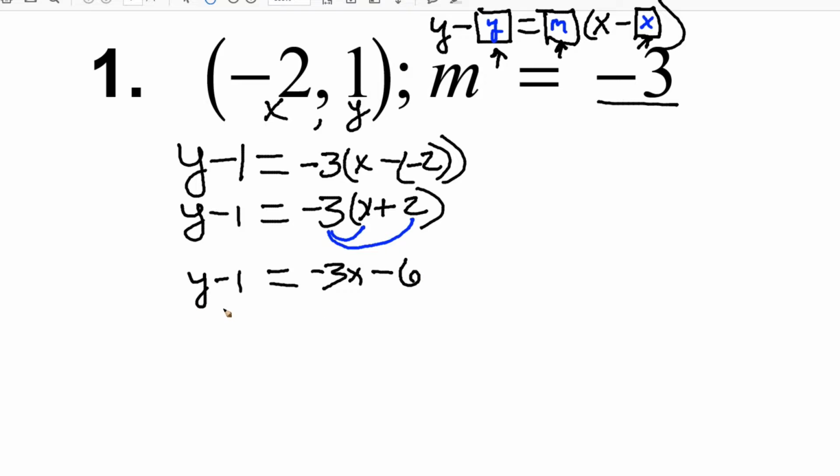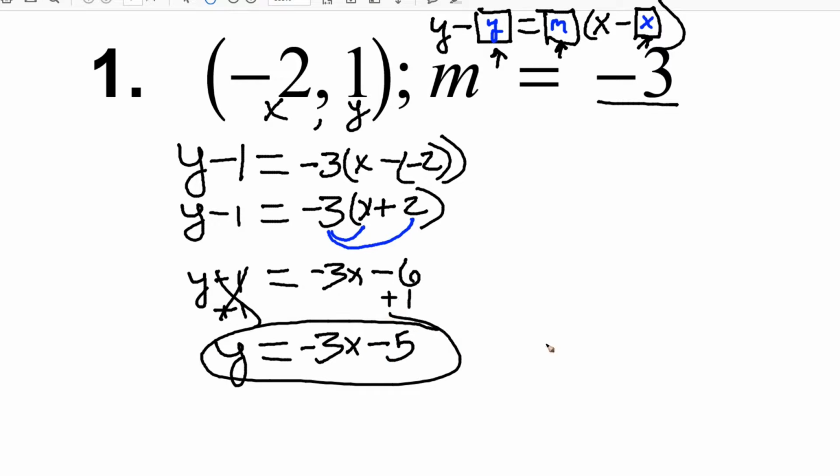And our final step, we're just going to get the y by itself, so we're going to add 1 to both sides, which gets rid of that part right there, leaving us with just y equals -3x, and -6 plus 1 is -5. And that's our answer for number 1.